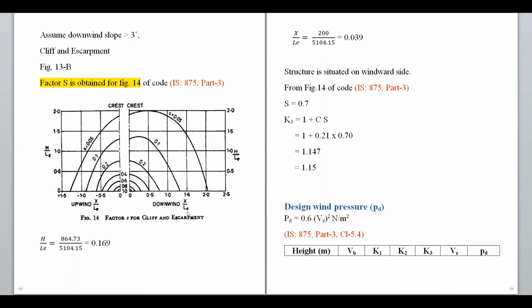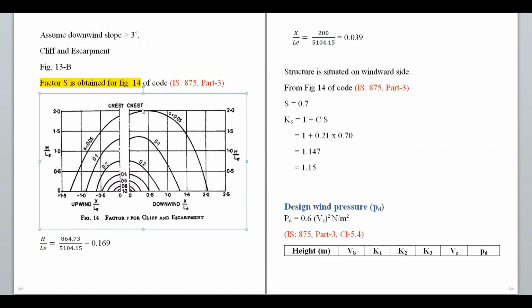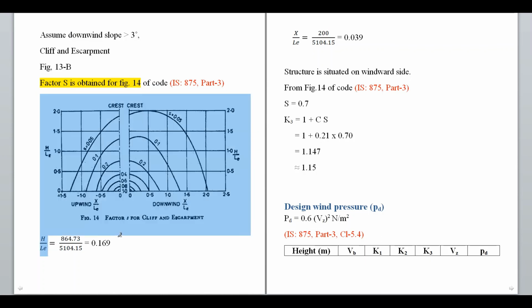We need H by LE and XE by LE. H means height divided by effective length, and X means distance divided by L.